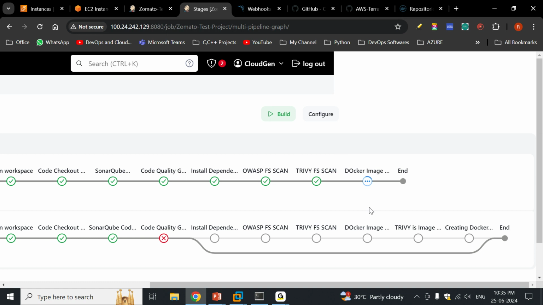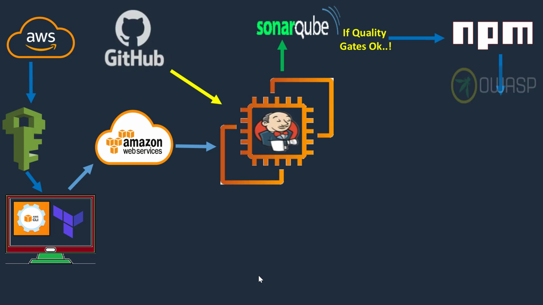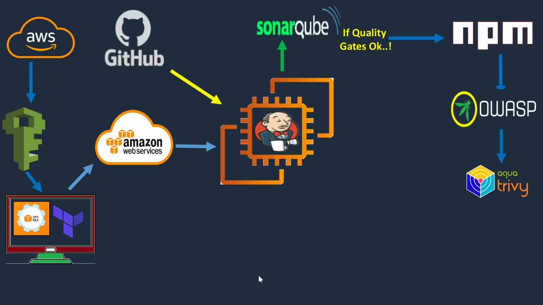So this is the container, and whatever we have developed, the image goes to it. Now npm is over, code quality is okay, npm package is already installed, OWASP also over, Trivy also over. Now by Docker, the image is going to be created.